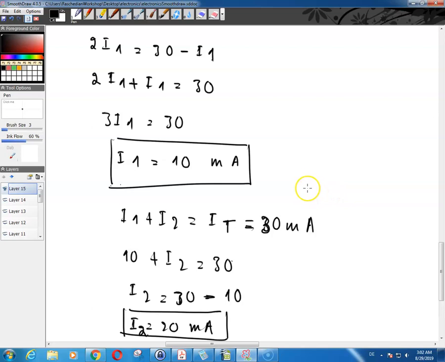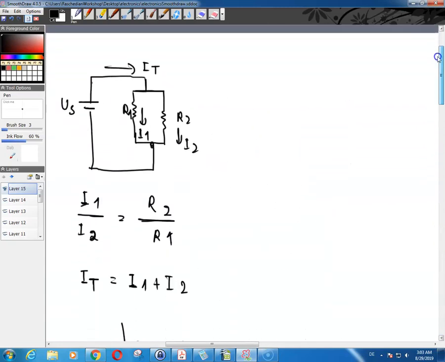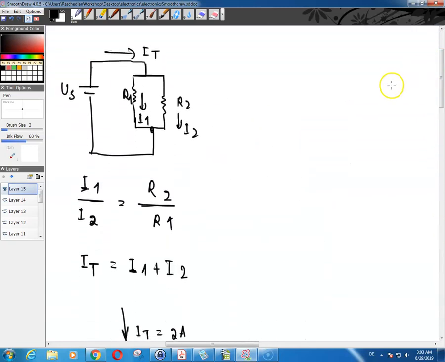Now there is something here that you need to know at least a little bit about, and that is the Kirchhoff's current law and the Kirchhoff's voltage law, the KVL and the KCL.